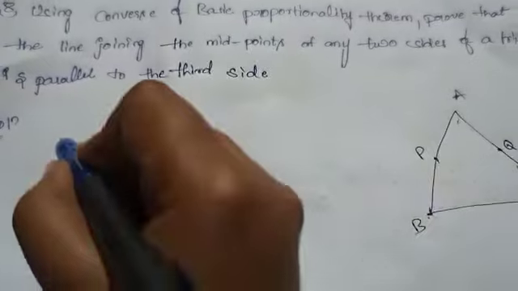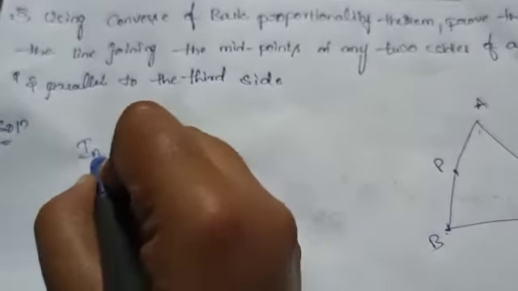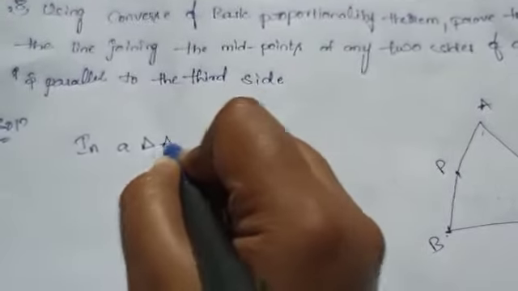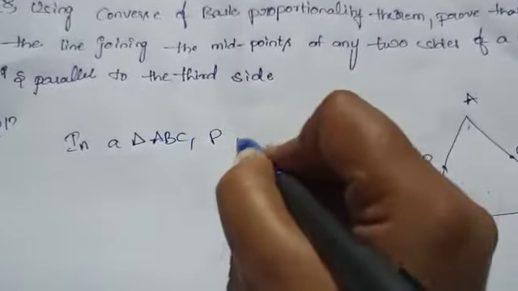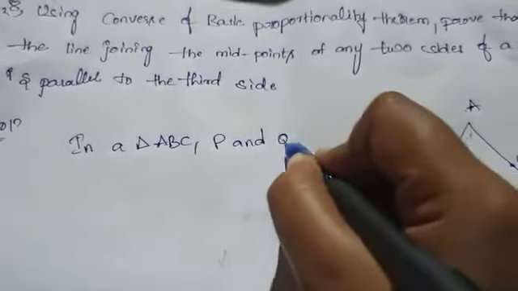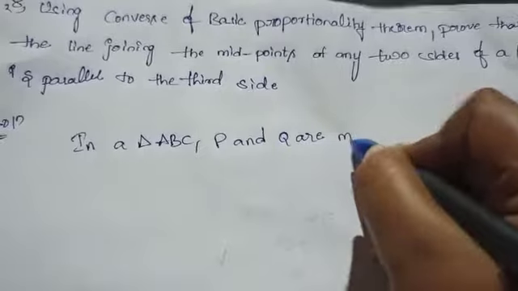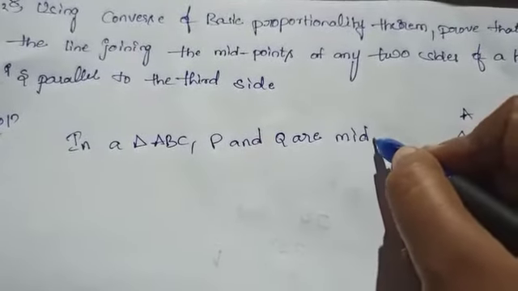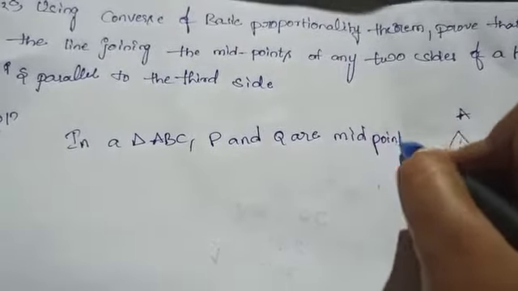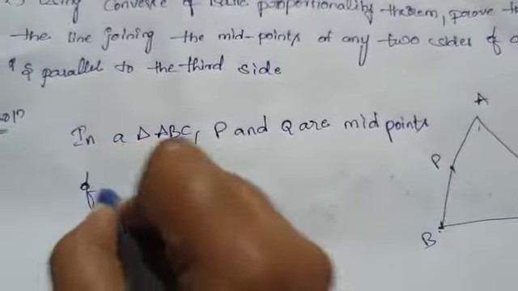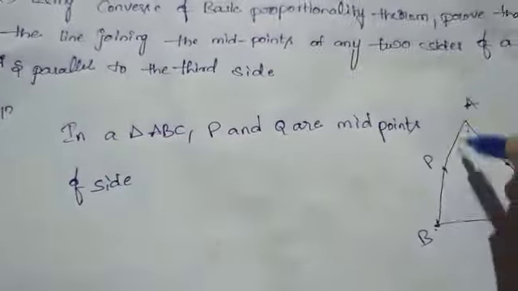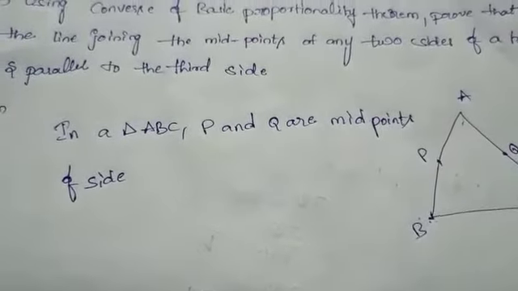Okay, here given in a triangle ABC, P and Q are midpoints of sides AB and AC respectively.